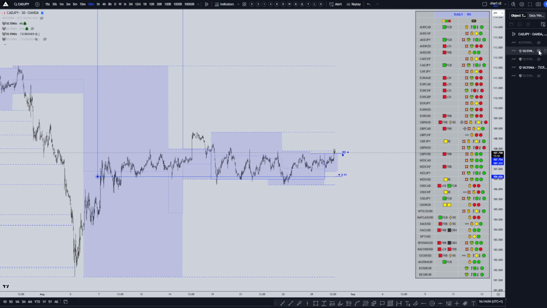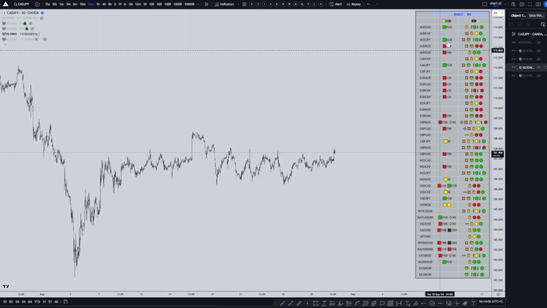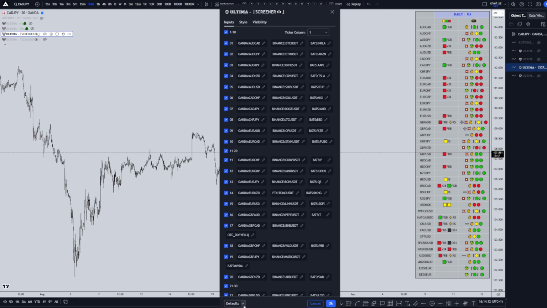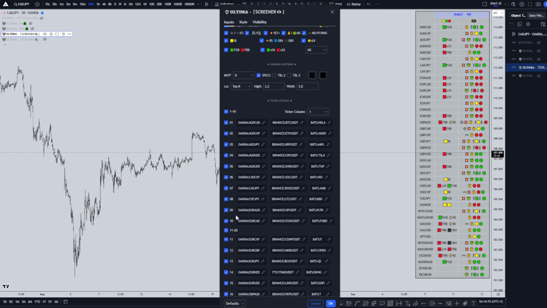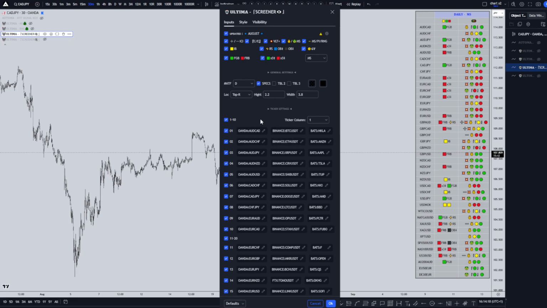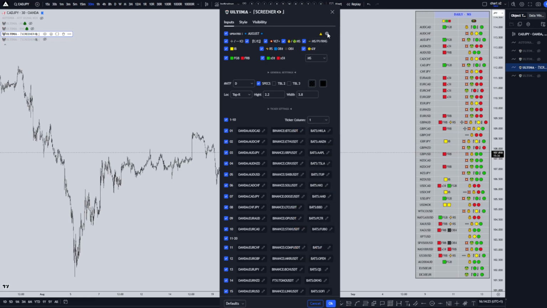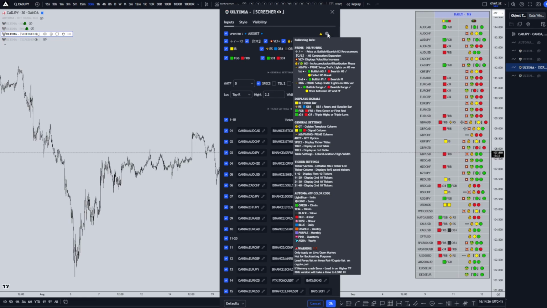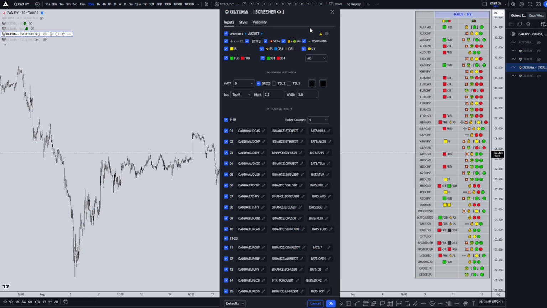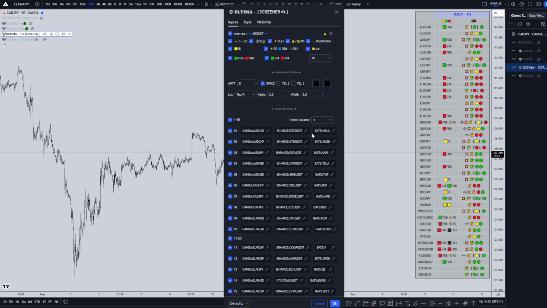So basically now, as you can see, we have 40 assets, 40 tickers on the chart. So that basically gives us this column right there. If you go here in the info, you have the following info section. It basically covers every single function, option, and setting we have here, and you can walk through it, and it will explain what each function is meant for and what it's used for.